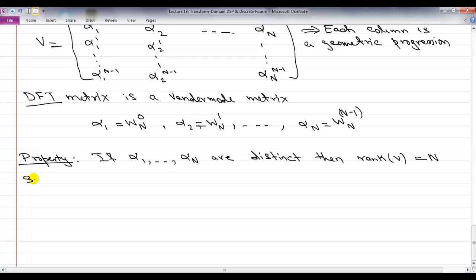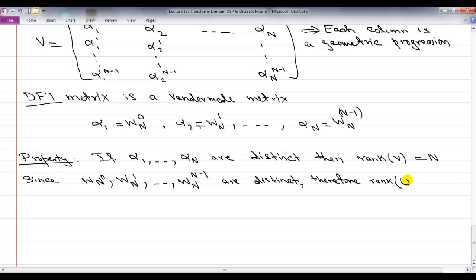And since Wn^0, Wn^1, up to Wn^(n-1) are distinct, therefore the rank of U equals n, and this means that the DFT is indeed a transform.